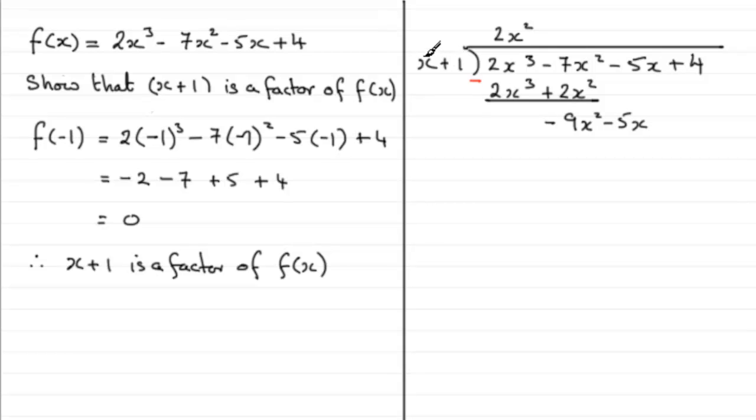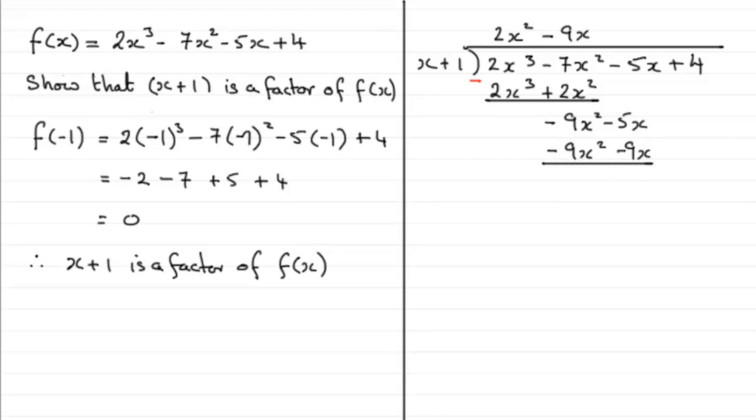What do you multiply x by to give minus 9x squared? Well, it's going to be minus 9x. Minus 9x times x plus 1 now. Minus 9x times x is minus 9x squared. Minus 9x times the plus 1 is minus 9x.